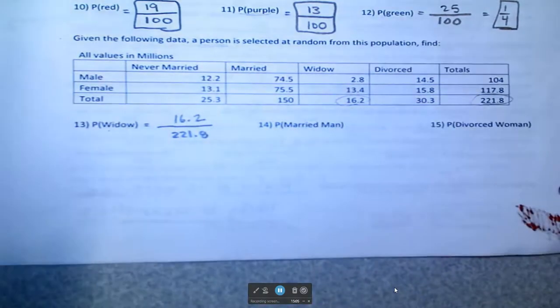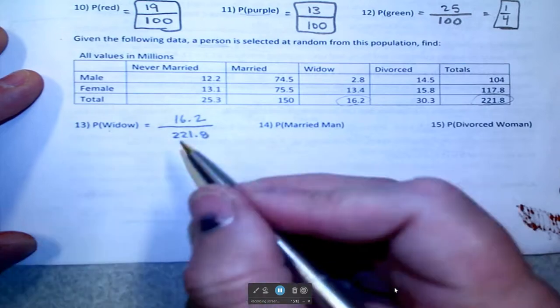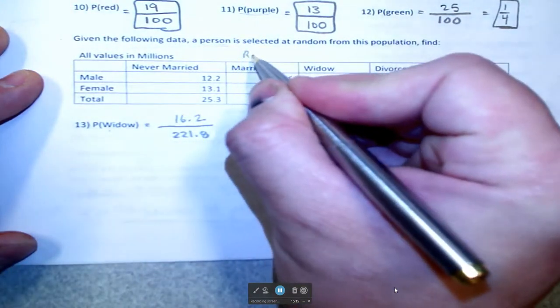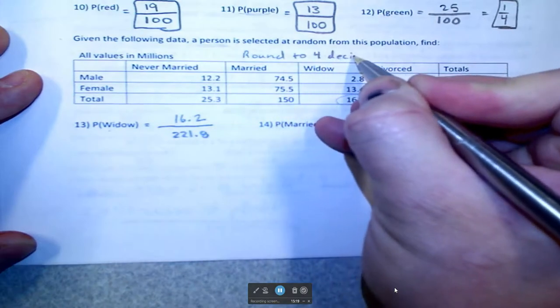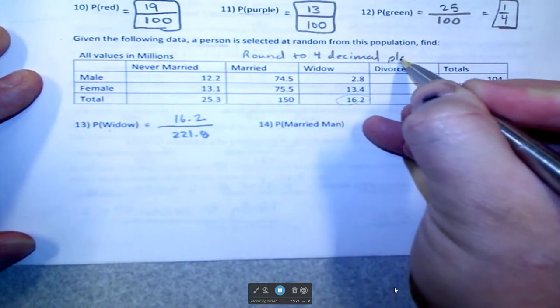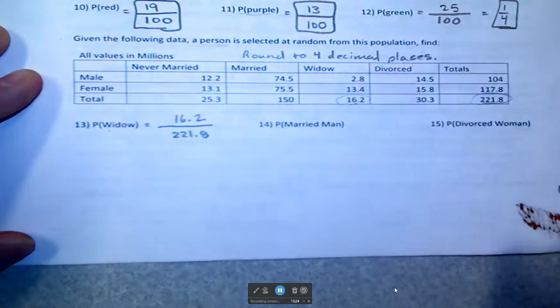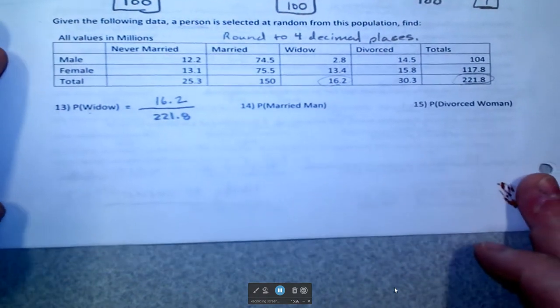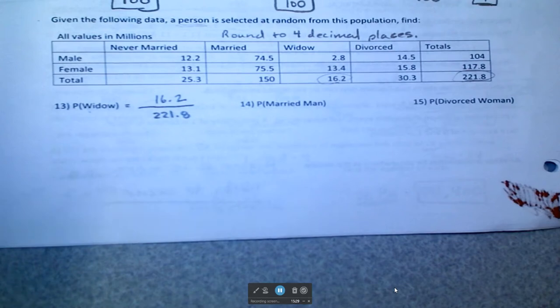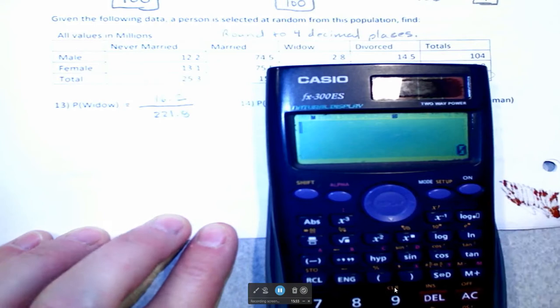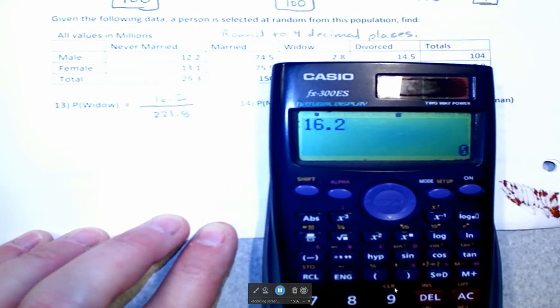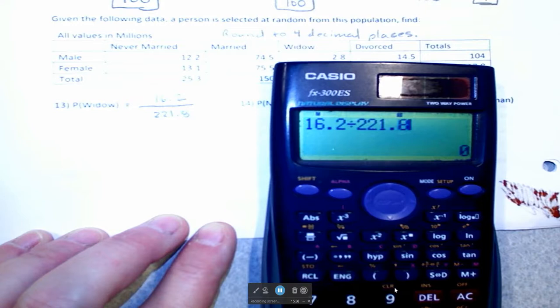16.2. And pretty much whenever we do empirical data, we're going to turn these into decimals. And the rule of thumb, it's not always the case for everybody, but the rule of thumb is to round to 4 decimal places. Okay, so in general, if someone asks you to find a probability and they ask for a decimal and they don't specify, the general rule of thumb is to round to 4 places. So I'm going to take my handy dandy pocket brain here and I'm going to type 16.2 divided by 221.8.